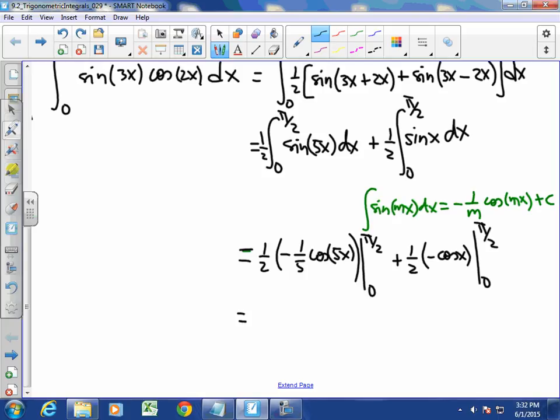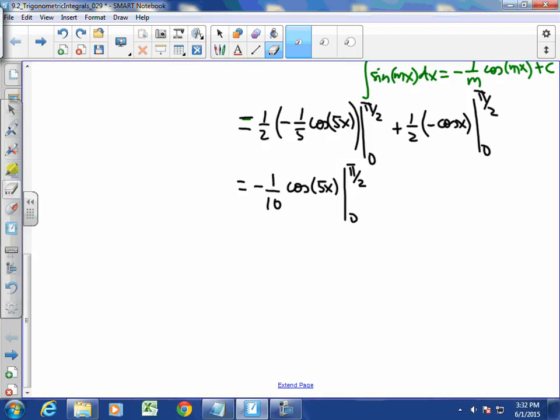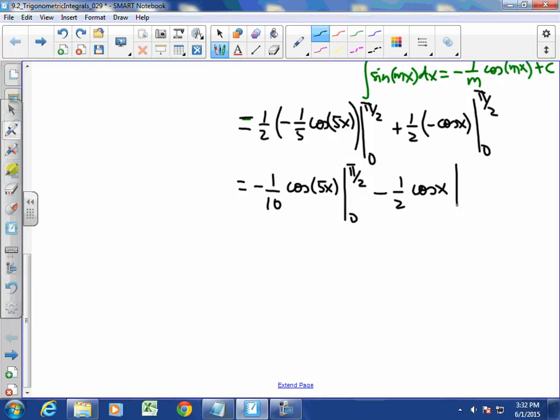So simplifying, we get negative 1 over 10 cosine of 5x from 0 to pi over 2, minus 1 over 2 cosine of x, evaluated from 0 to pi over 2. Now, negative 1 over 10 will multiply what?